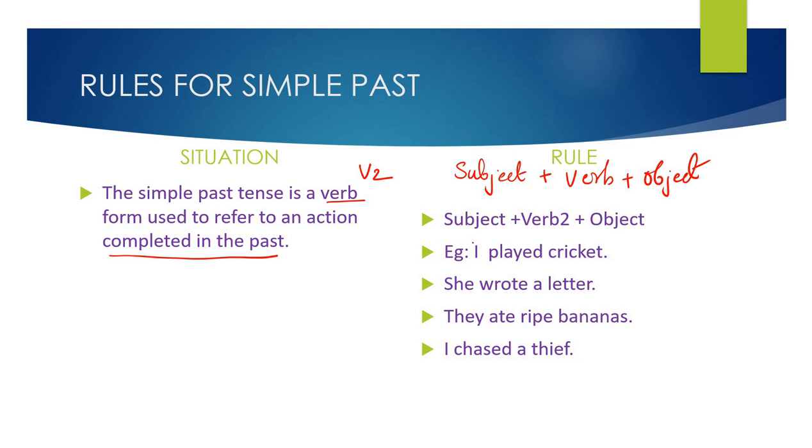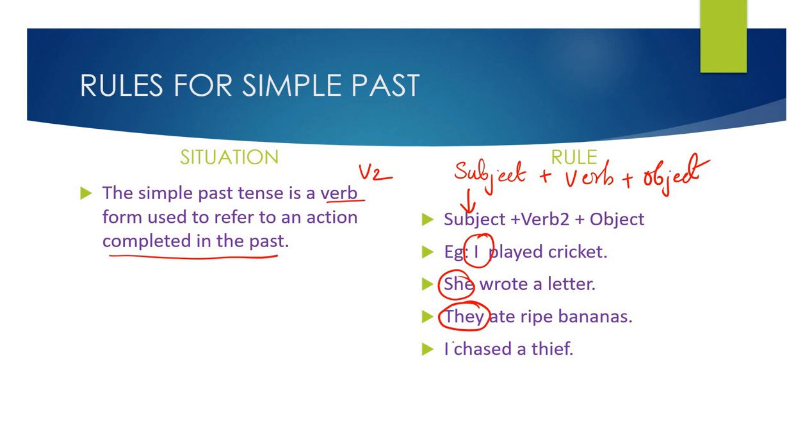I played cricket. Here the sentence is about whom? I. Right? It tells the subject. She wrote a letter. Here the sentence is about whom? She. That is the subject here. They ate ripe bananas. Here the sentence is about whom? They. That's the subject here.